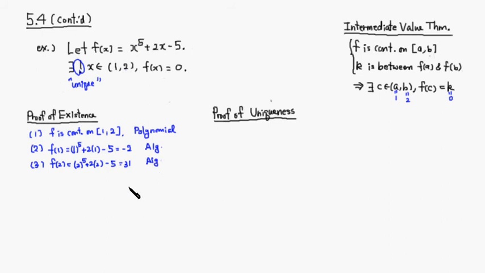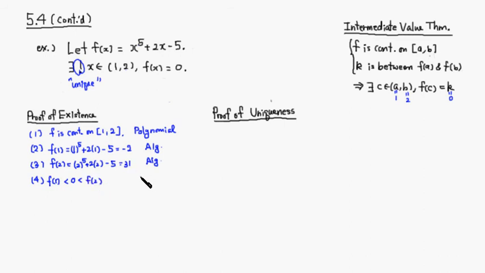From here, we know that 0 is between negative 2 and 31, so line 4: 0 is between f(1) and f(2).